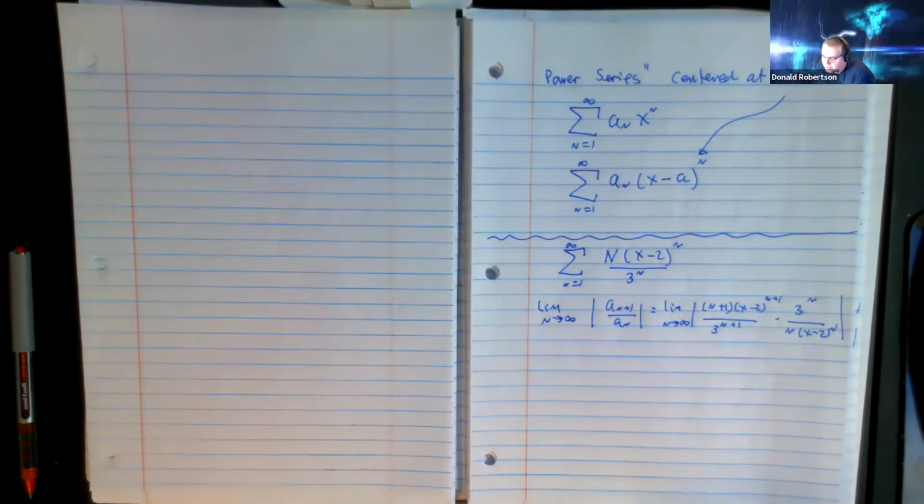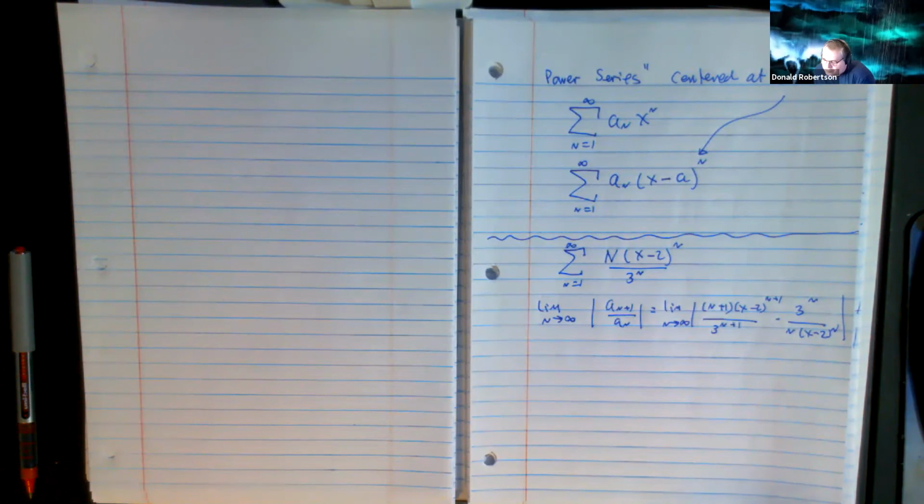Would you agree it's not that dissimilar to what we always did? Isn't the only difference that it's not an x^(n+1), it's an (x-2)^(n+1)? But apart from that, pretty much the same. We're going to do pretty much the same math. We just have to adapt a little bit towards the end.